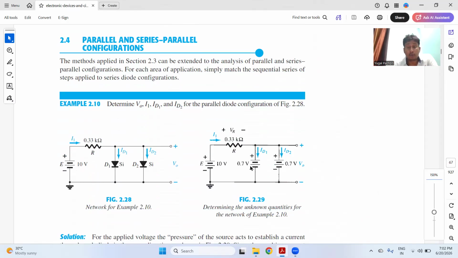So their voltage drop is 0.7, and you know that in series the voltage gets summed up, and in parallel the voltage remains the same. So if V1 equals 0.7 and V2 equals 0.7, the total voltage drop across this output will be 0.7 only.